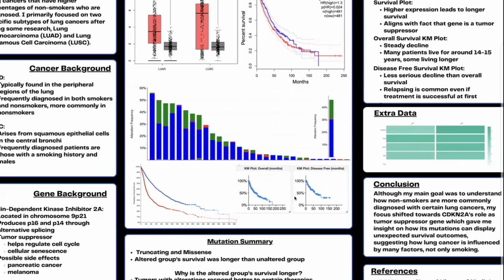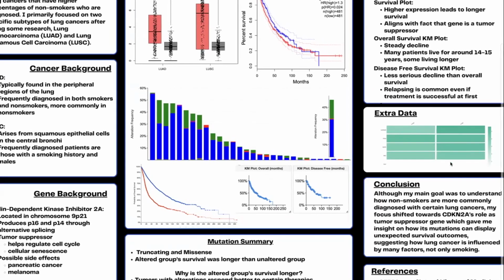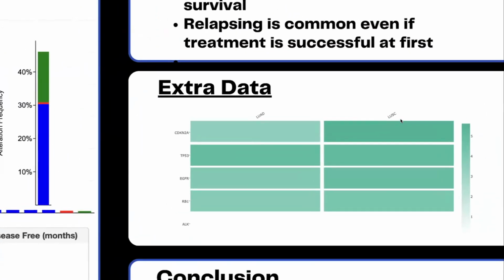And going into some extra data that I looked into, I can't really zoom in anymore, but, oh wait, here. Along with CDKN2A, with Sumeda, we also explored a couple other genes that were a mixture of oncogenes and tumor suppressors. I researched TP53, which is a tumor suppressor, EGFR, which is an oncogene, RB1, I'm pretty sure is an oncogene as well.